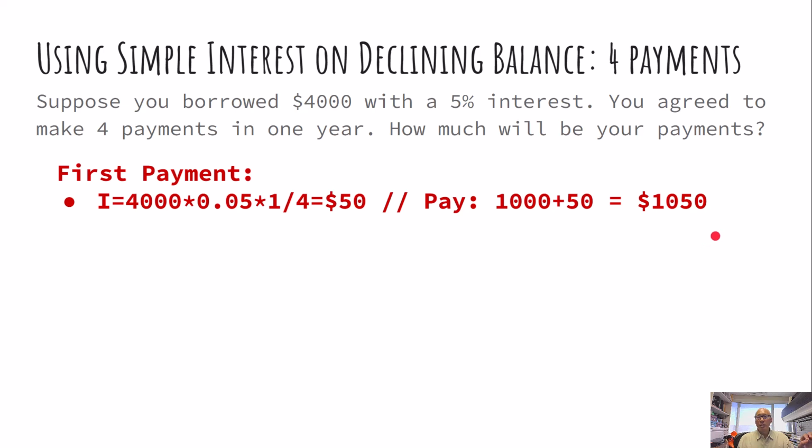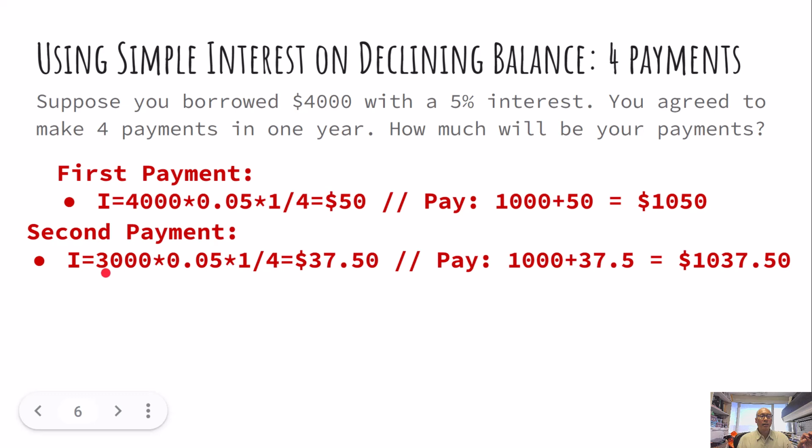Now in June, for your second payment, your interest will only calculate what's left over. Since you paid $1,000 out of the $4,000 in your principal, you only have $3,000 left. Now from $3,000, you can compute your interest with a 0.05 and a 1/4 again.